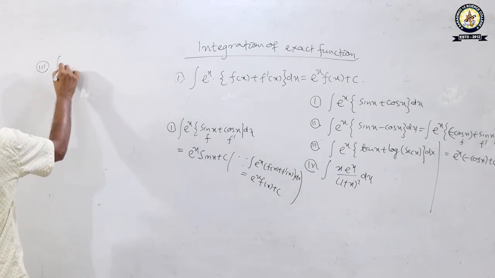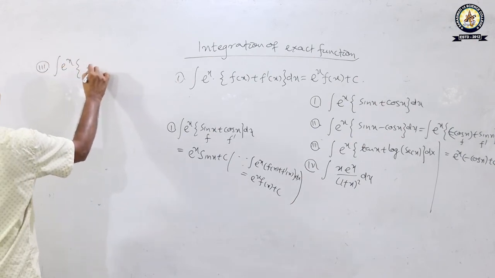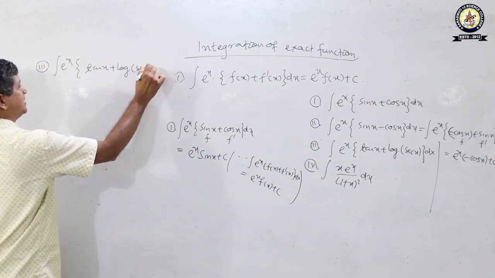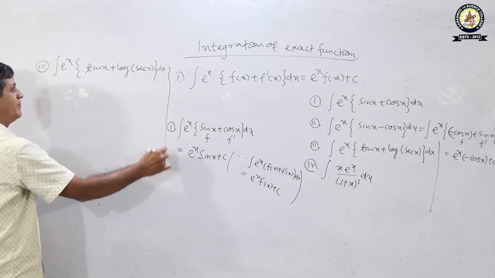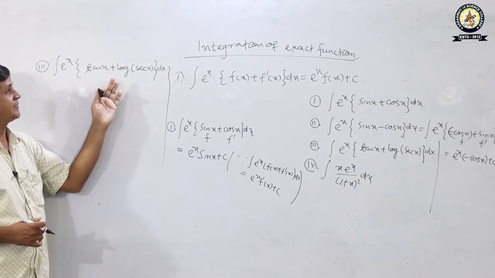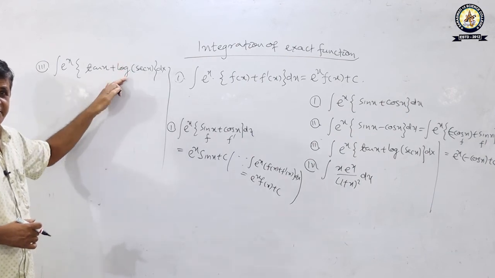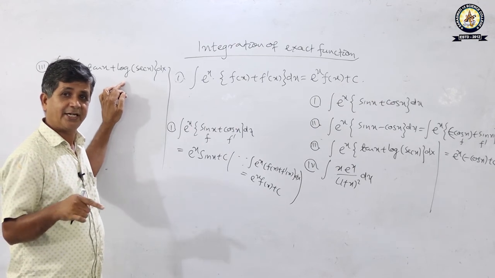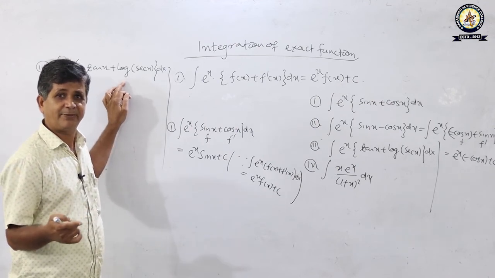Third bit, integration of e to the power x into (tan x plus log of sec x) into dx. Compare this one. Look at it, the derivative of tan x is sec square x. Sec square is not here. But what is the derivative of log sec x? The derivative of log sec x is 1 by sec x into the derivative of sec x. What is the derivative of sec x?